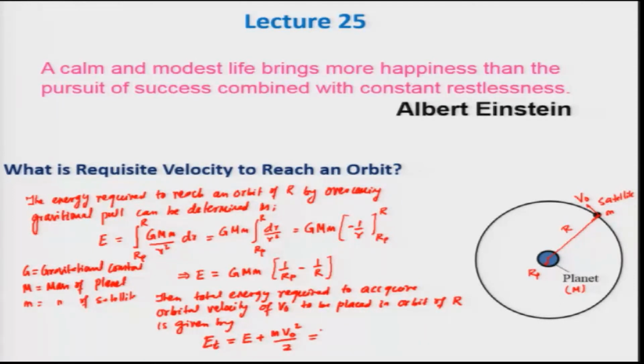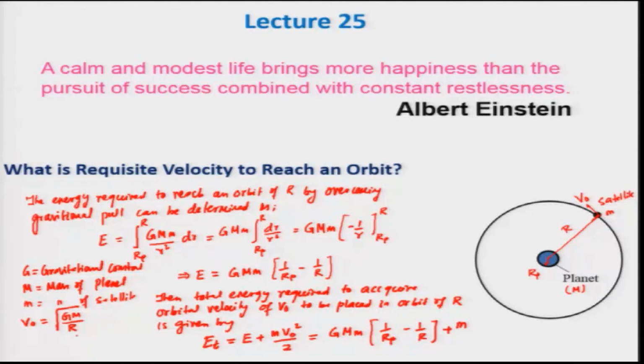If you look at E, we already know this is G M m times (1 by r p minus 1 by r) plus m v naught square by 2. We know the orbital velocity v naught, which we have already derived, that v naught square is G M by r.